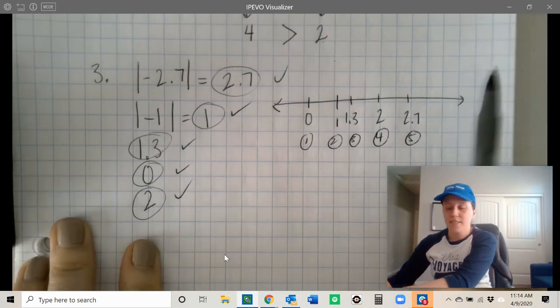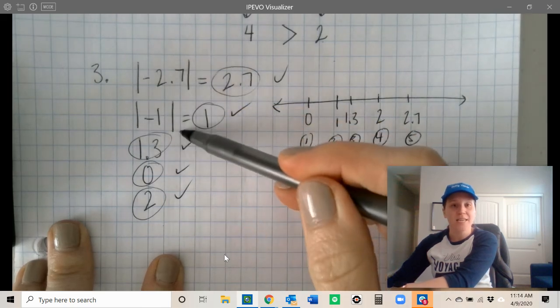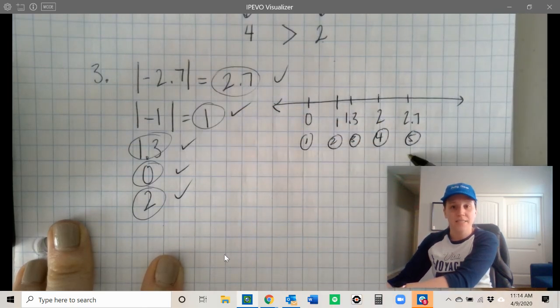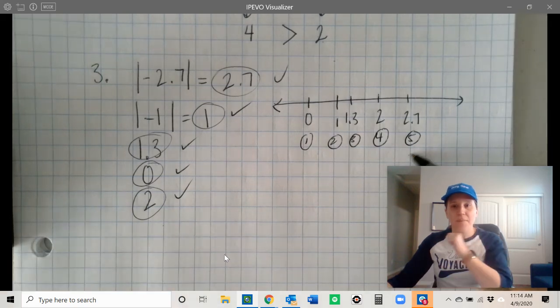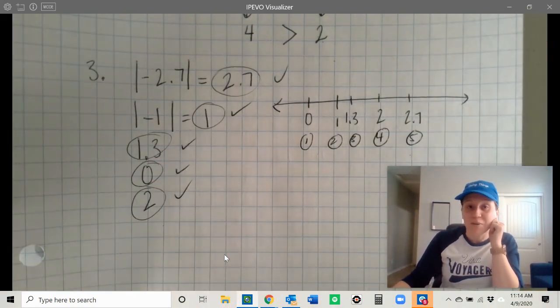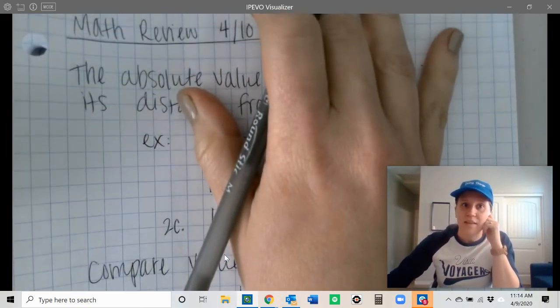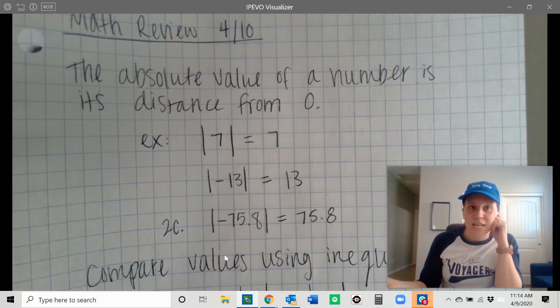We also ordered numbers and the absolute value of numbers from least to greatest. Okay. In the space below, the big question of the day I want you to answer is: what is absolute value? We gave a definition in our notes, so you should be all set to go.